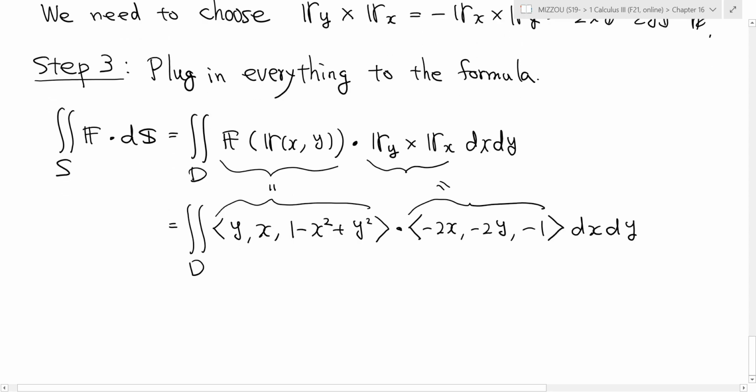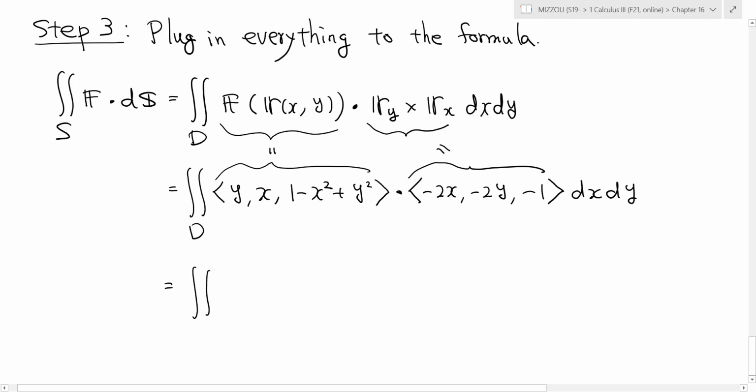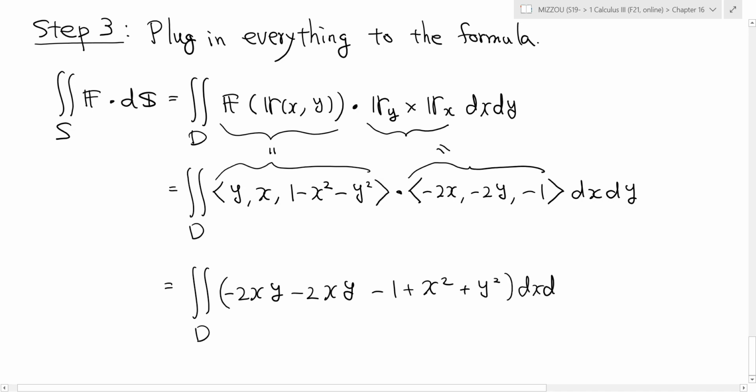All right. And then you compute the dot product. And you get negative 2xy, negative 2xy again, negative 1 plus x squared, I'm sorry, this is negative, plus y squared dx dy. But what was D?